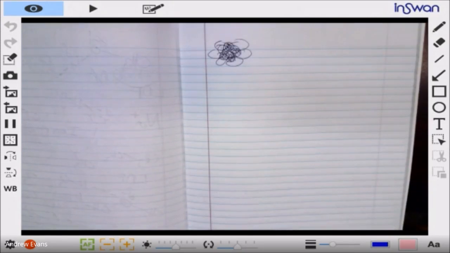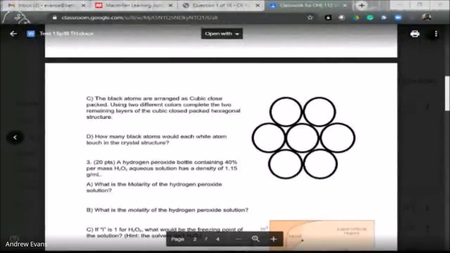And if you looked at that center layer, the center atom would touch six different atoms. I think I screwed up somewhere in there, but we're not going to worry about that. There's nothing like that on the test.